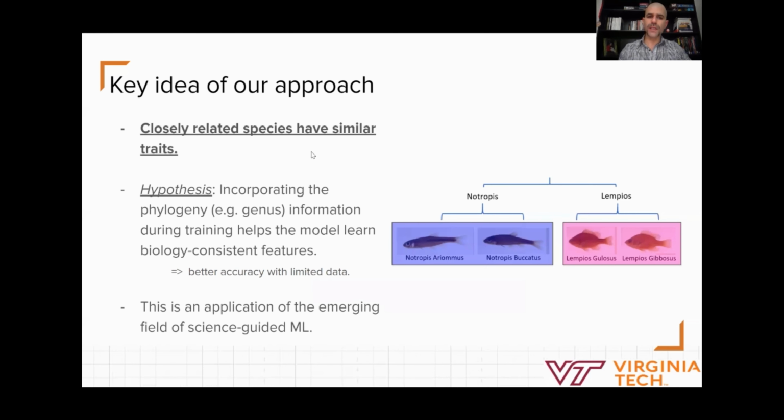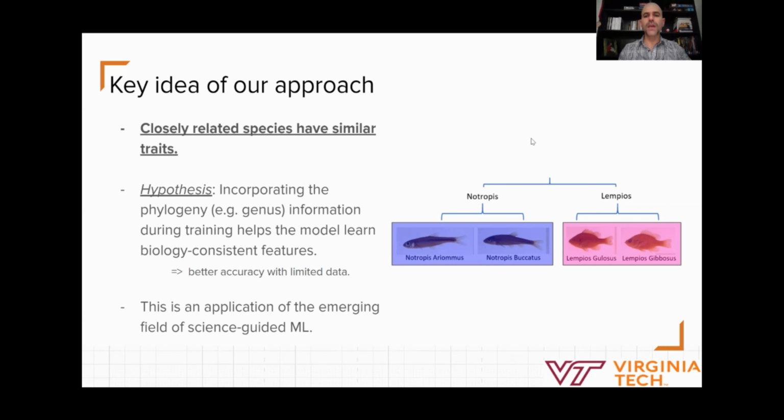And we hypothesized that incorporating this phylogeny, this genus information, can help the model learn biologically consistent and relevant features, which would lead to better accuracy in the presence of limited data.